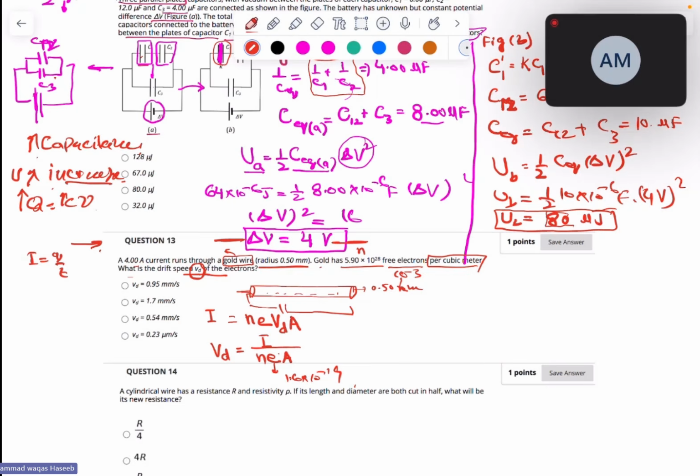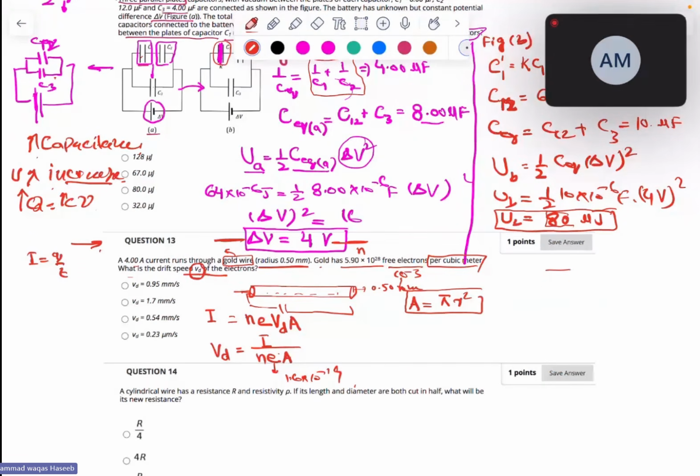The area of this wire, because it's a circular area, is pi r squared. Mostly in your exam, the symmetry is circular, so remember that formula, because in many cases the area is just like this.